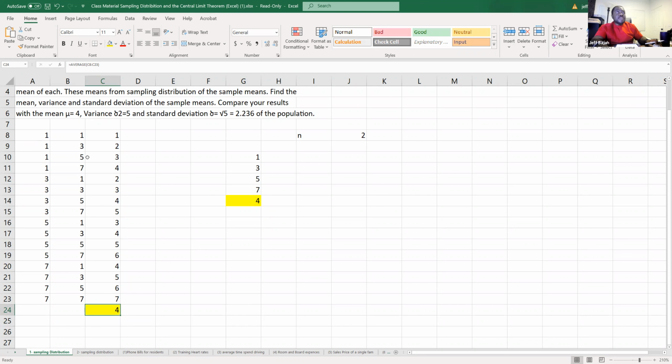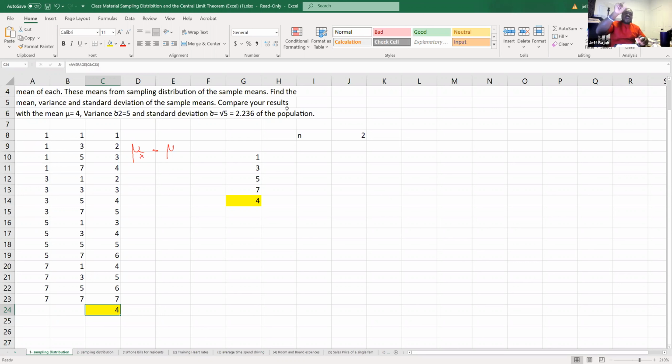This is very important in sampling. It means that the mean of sample means is equal to what? The population mean. So the mean of your sampling distribution will always be equal to what? The population mean.